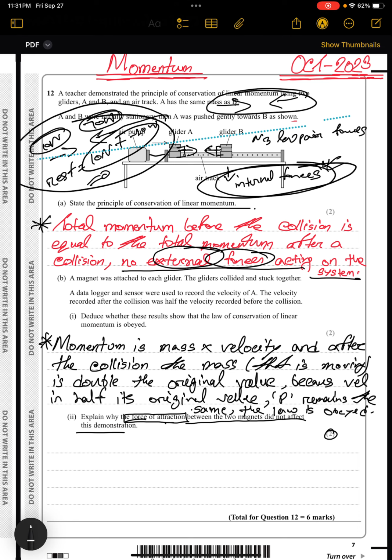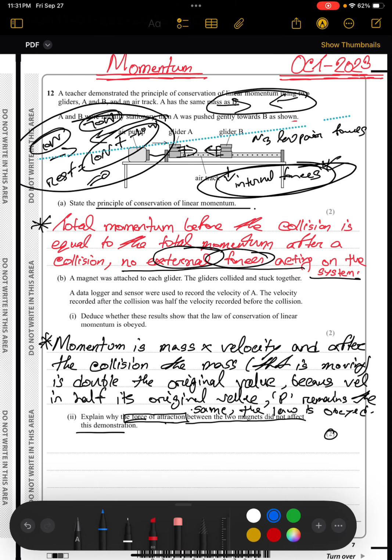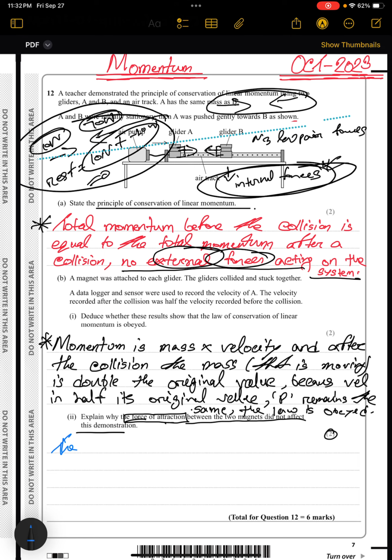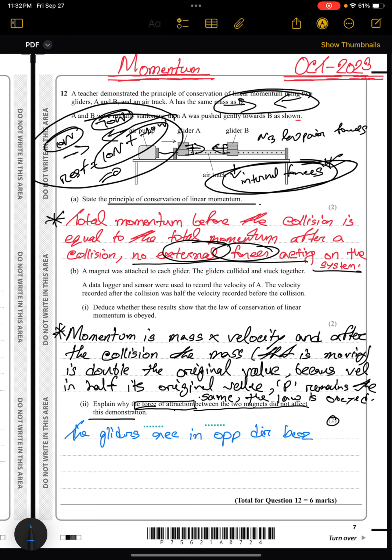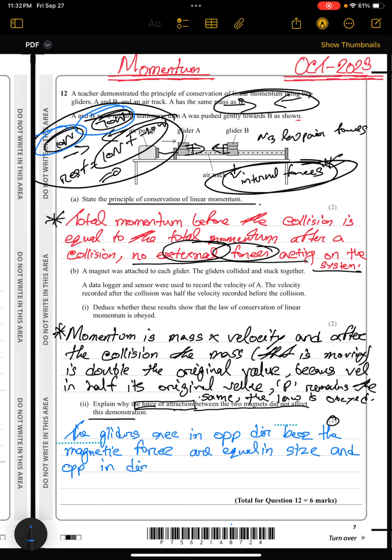So we can mention that the gliders A and B accelerate in opposite directions because the magnetic forces are equal in size and opposite in direction. So the resultant force is 0.